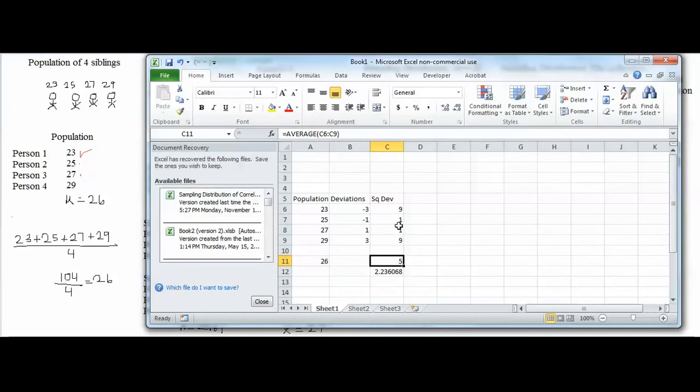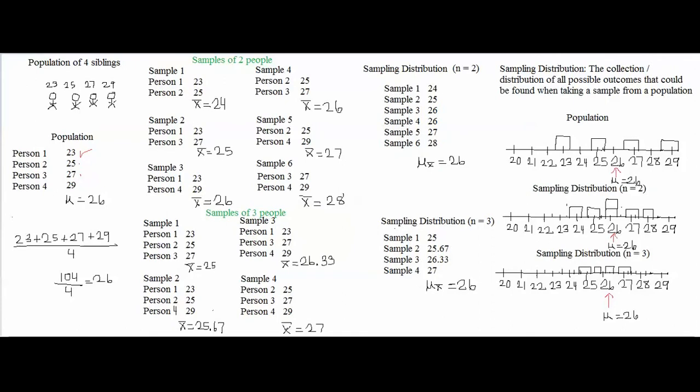We just added the 5 numbers here and divided by 5 because n is 5. So now we know the standard deviation of the population.